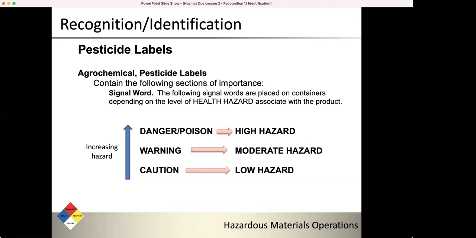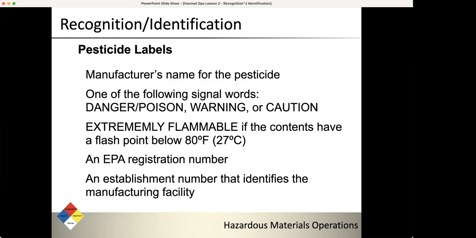So if the signal word is caution, that's the lowest hazard. Warning is a moderate hazard. And if it says danger, poison, that indicates the highest hazard. So you'll need to know caution, warning, danger, poison, from lowest to highest. You'll need to know that.